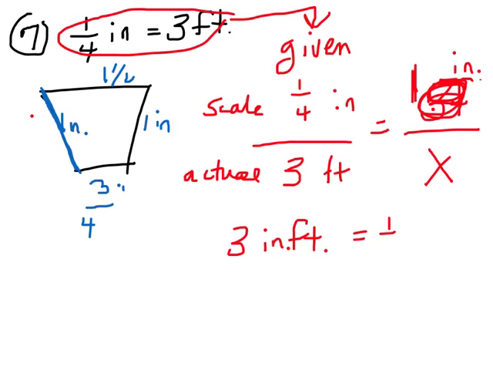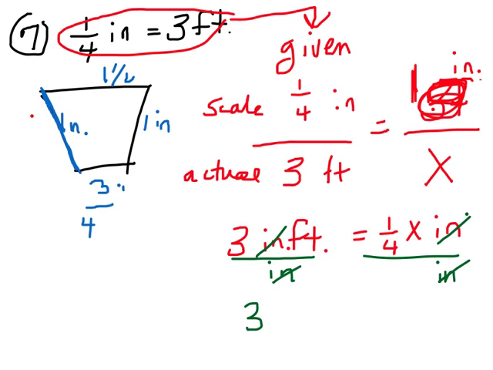That would be 1/4 x inches, wouldn't it? Couldn't I divide inches out of both sides now? I can divide units out just like I do numbers, okay? If I divided the inches out of both sides, those would cross out, I would end up with 3 feet equal 1/4 x.